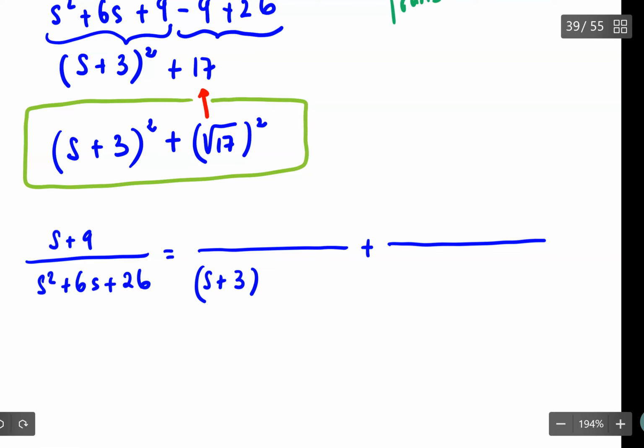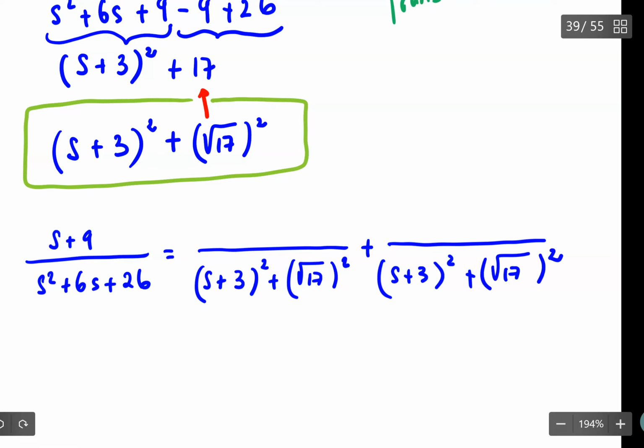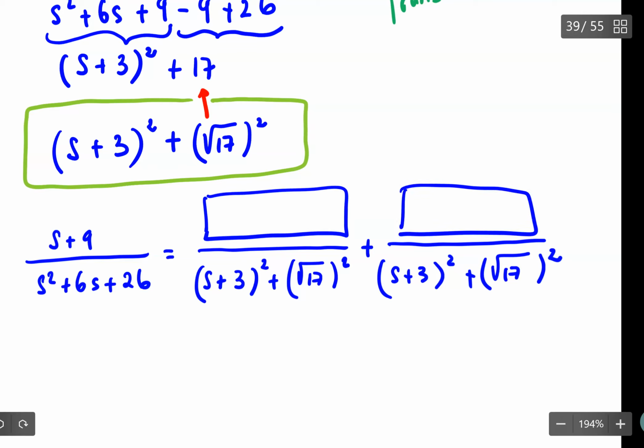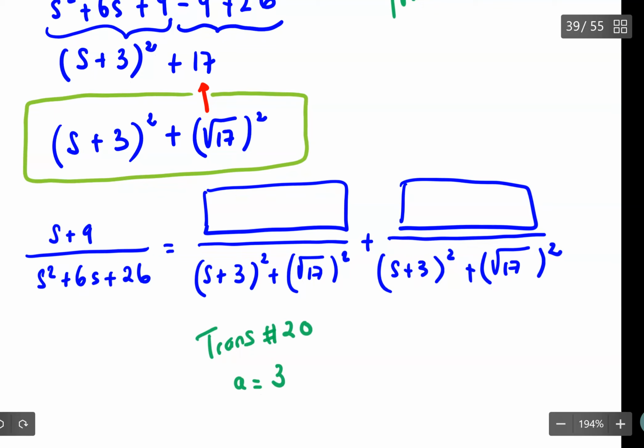So I write (s plus 3) all squared plus (square root of 17) squared. Then I need to find the two numerators here. Since we are using transform number 20 for this, I need to have a equal to 3. That means for my numerator, I need to have s plus 3.